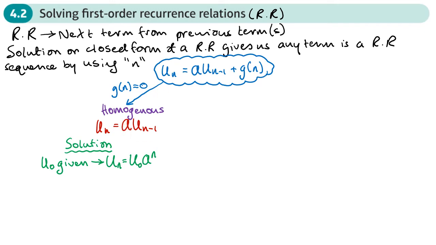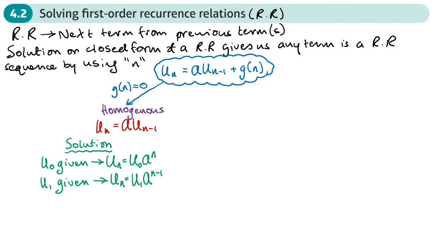If, however, we get a question where u1 is given, then the solution will be un equals u1 times a to the power n minus 1. So this is how we solve these homogeneous first order recurrence relations.